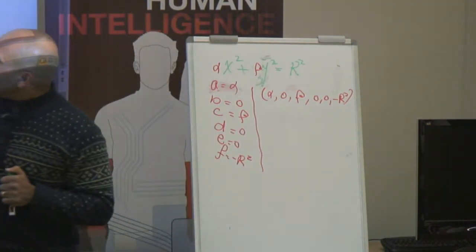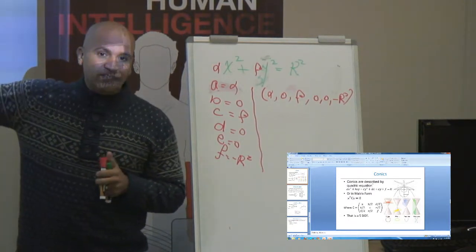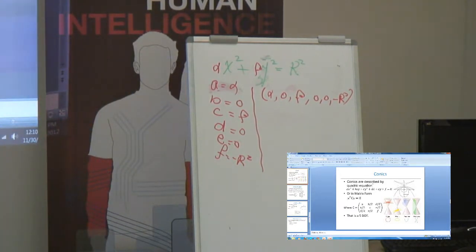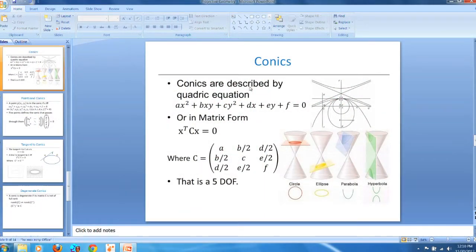Now, I can represent any of these conics using this equation, where any point could also be represented in this matrix representation, which is X transpose C X, where C is given by the coefficients A, B, C, D, E and F. We can write this as a matrix representation. As we see here, we have 5 degrees of freedom.